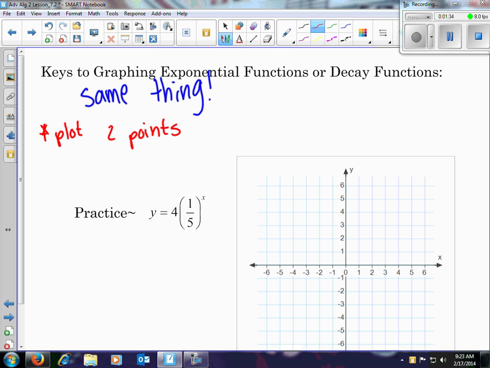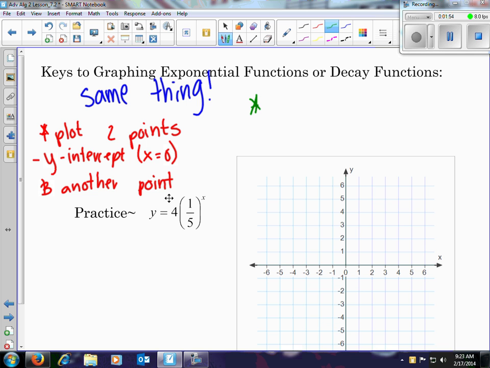We're going to have our y-intercept, which we find by saying x is equal to 0, and then we're going to plot another point. The thing we need to remember is that sometimes we can make the exponent, or the x value for our other point, negative. So negative exponents can be helpful.